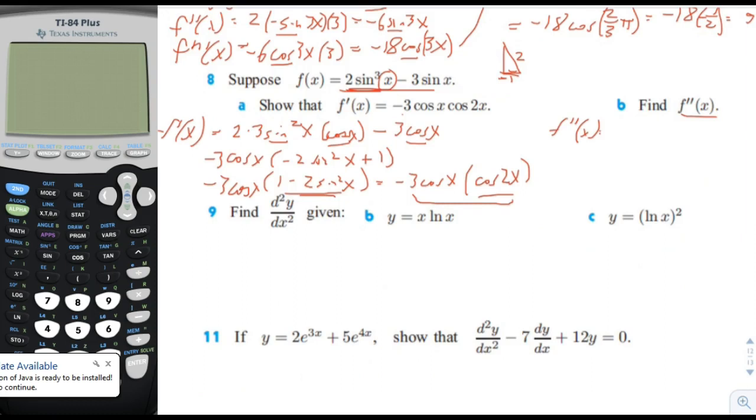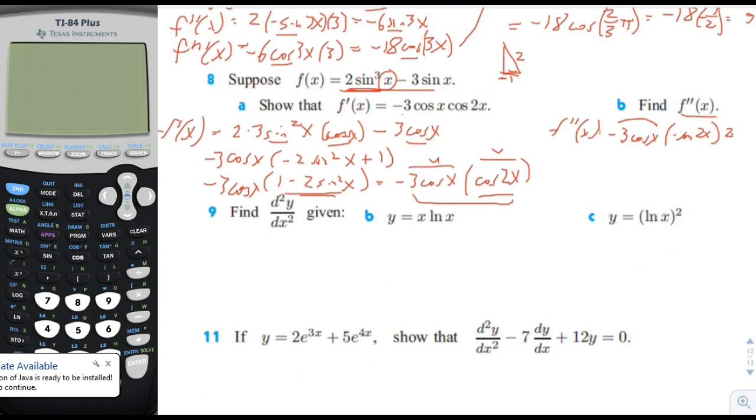If we call negative 3 cosine x u, and we'll say that this is v, then first we'll just take u and write it down. And then we'll take v dashed, which is cosine 2x, would be negative sine of 2x times the chain rule, so multiply by 2 after that.